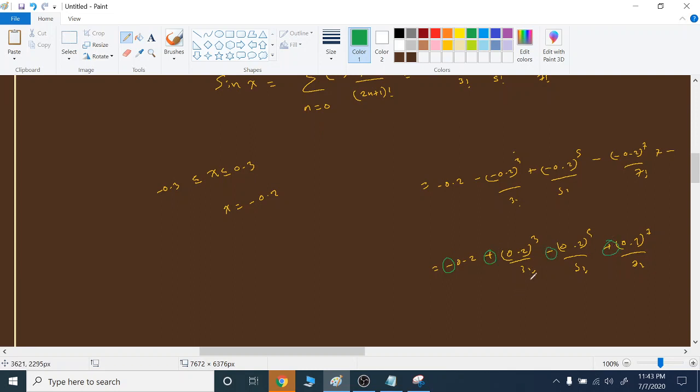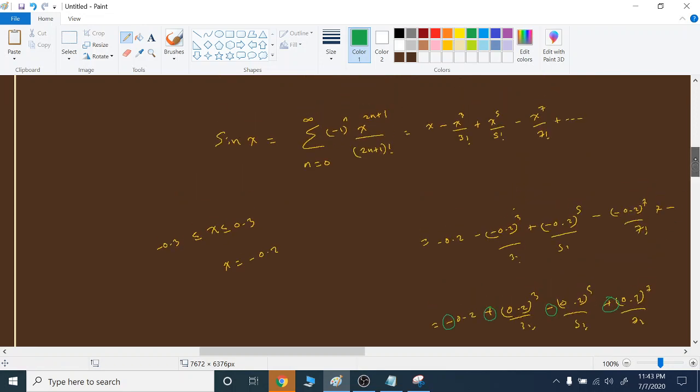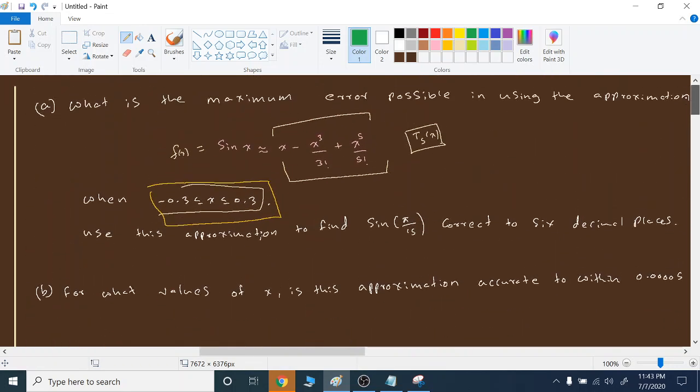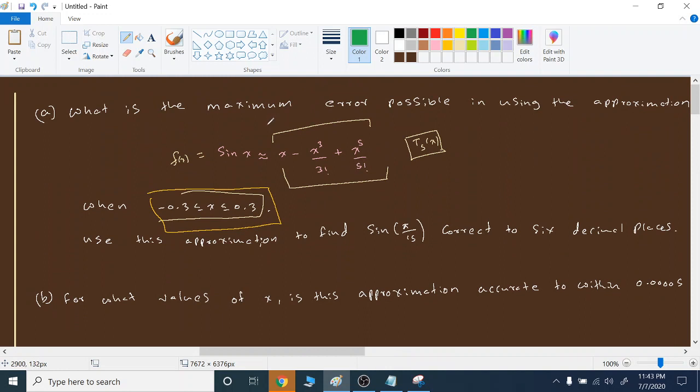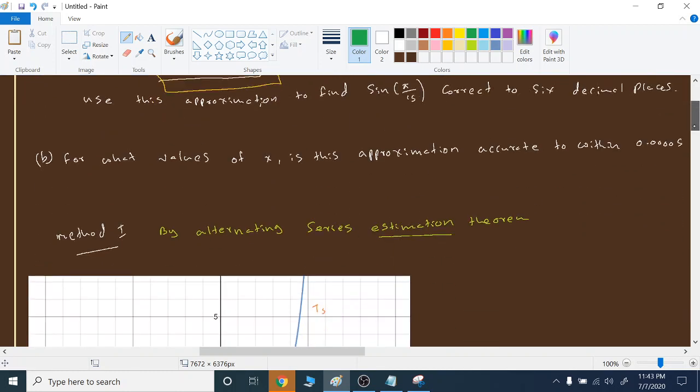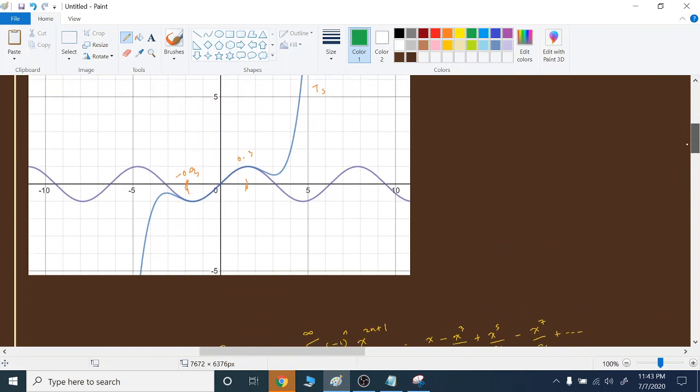Therefore, we can use the alternating series approximation theorem. So now you can see that the approximated terms given here in this question are from x to the power 1 up to x to the power 5, right? That's the thing that we have to use.